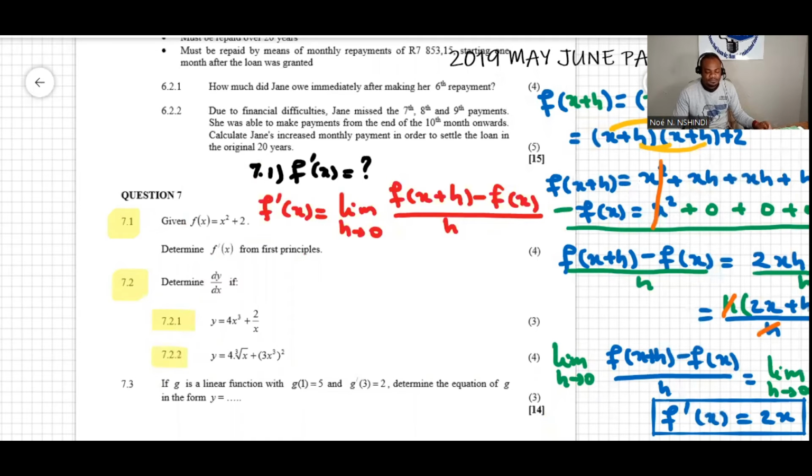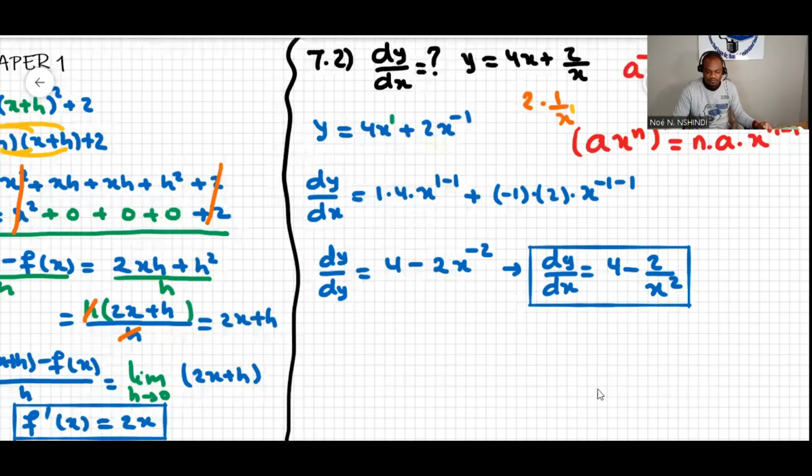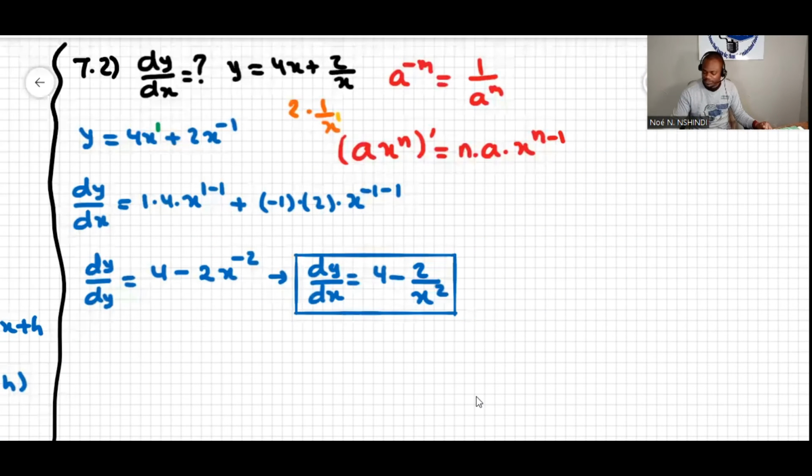We have y equal to 4 cube roots of x plus 3x cubed to the power of 2.